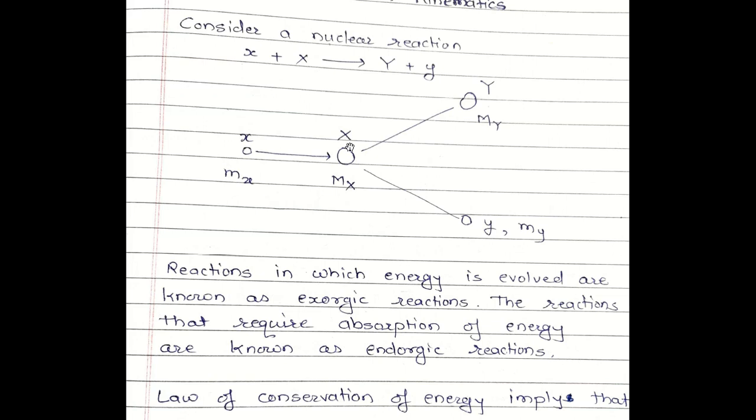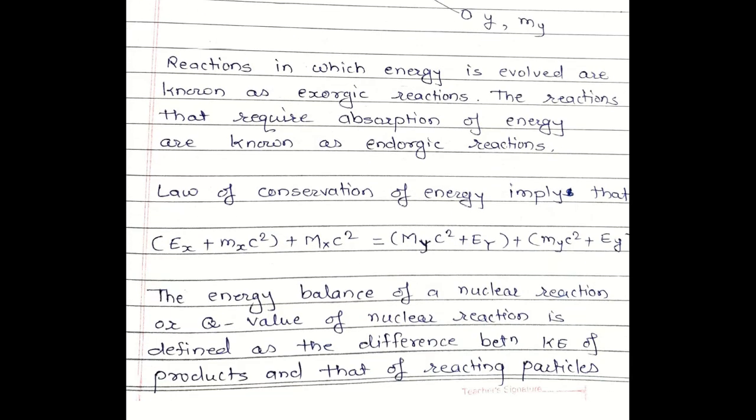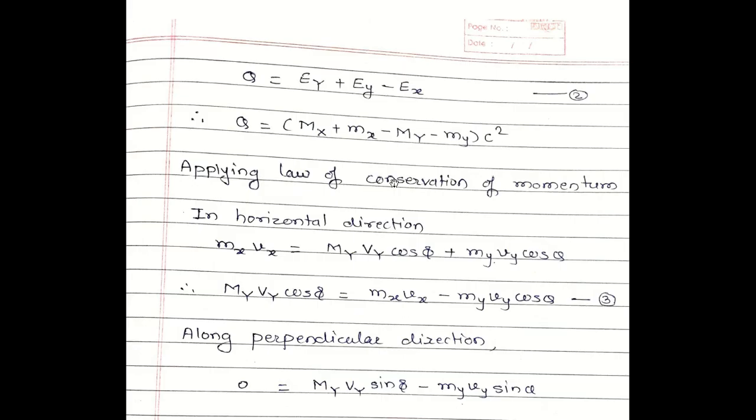Capital X has zero kinetic energy. So we can write Q equals E capital Y plus E small y minus Ex.